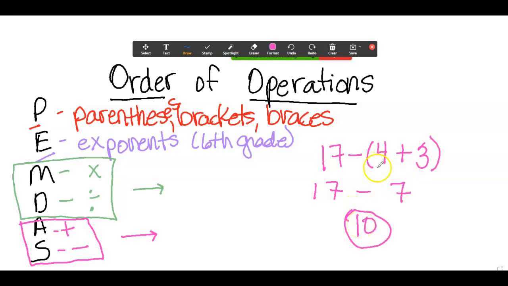Now, if I had ignored the parentheses and I just went left to right, well, 17 minus 4 is 13, plus 3 is 16. Look at that. That is not 10. That is not what we want. So we have to follow the order of operations.